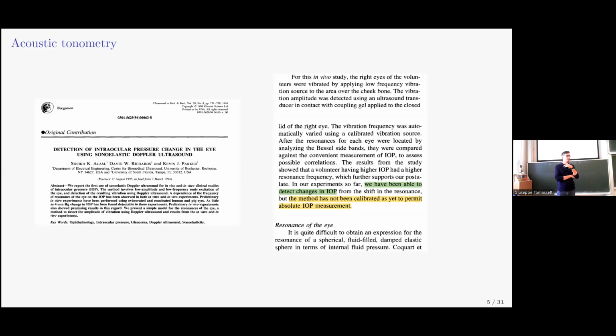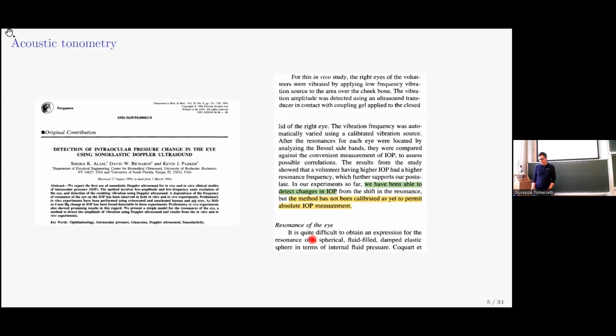You can notice that the proper frequency of the balloon changes as you blow it. And in fact, what you expect is that the higher the pressure, the higher the resonant frequency of the system. So the idea is that it should be possible to detect changes in the intraocular pressure, IOP, by a shift in the resonance.